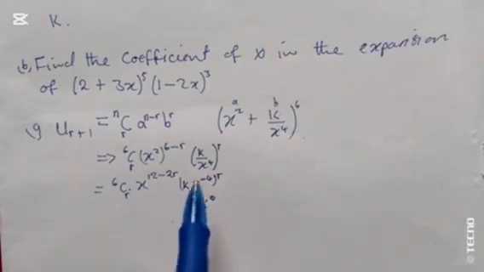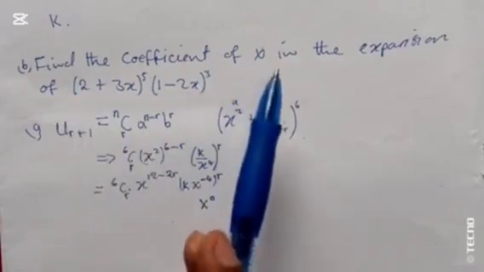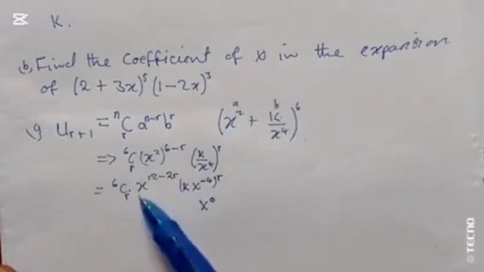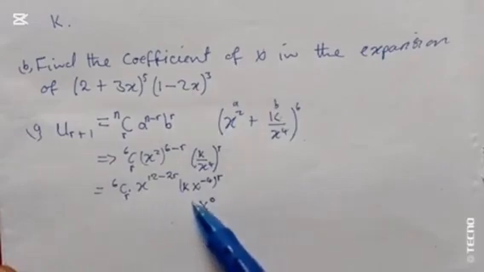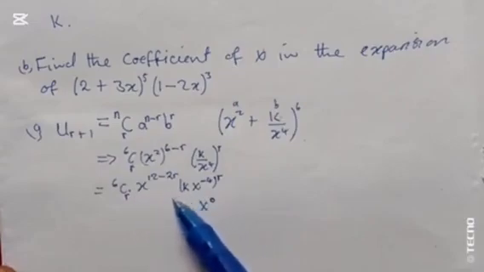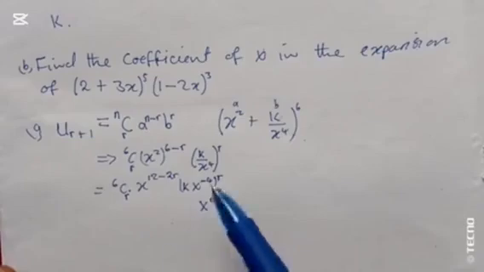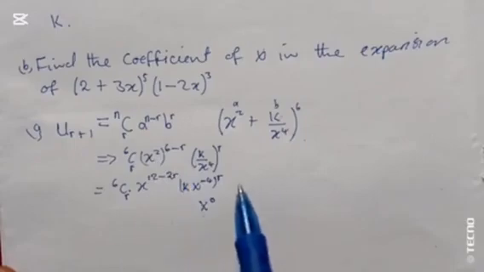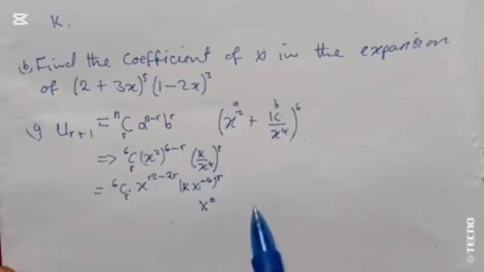When you are calculating for an independent term, you just concentrate on where there is x and their powers.